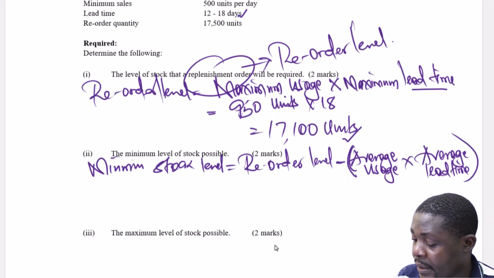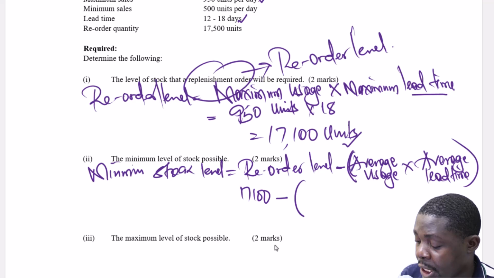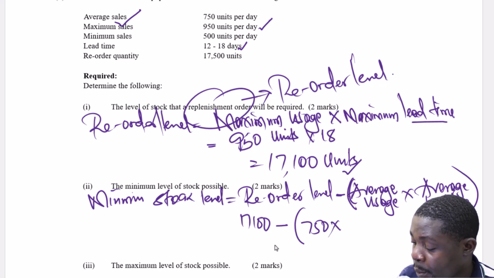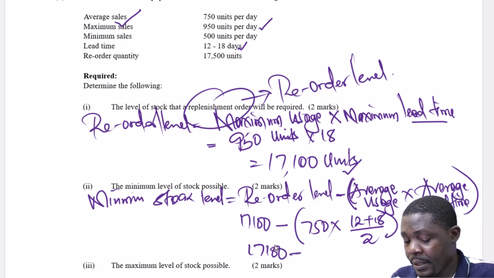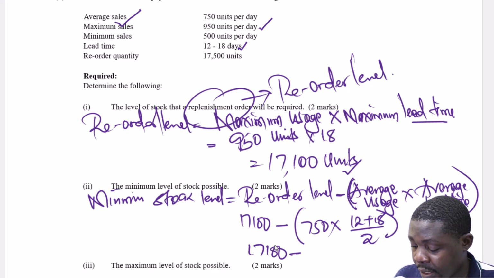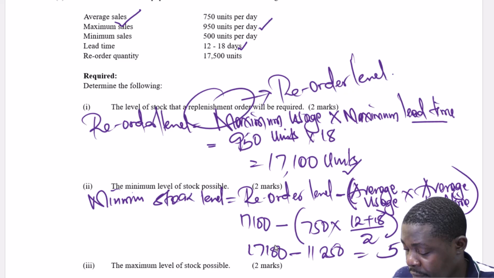In this case, we take the reorder level, 17,100, minus, in brackets, average usage, 750, multiplied by the average lead time. We take 12 plus 18, divide by 2, you get 15. Multiply by 750, you get 11,250. Therefore 17,100 minus the answer, you get 5,850 units.